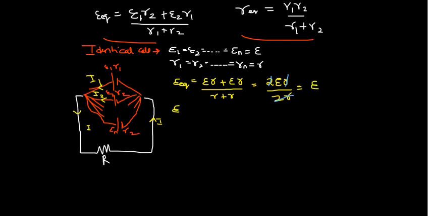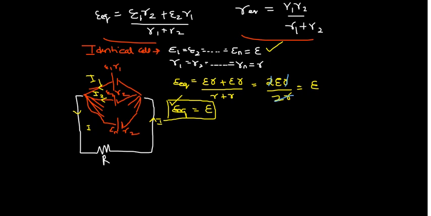You may connect 100 cells, but if they are identical, the equivalent value is equal to the single cell value. If each cell has the same value, then our equivalent value will be equal to that single cell's value.